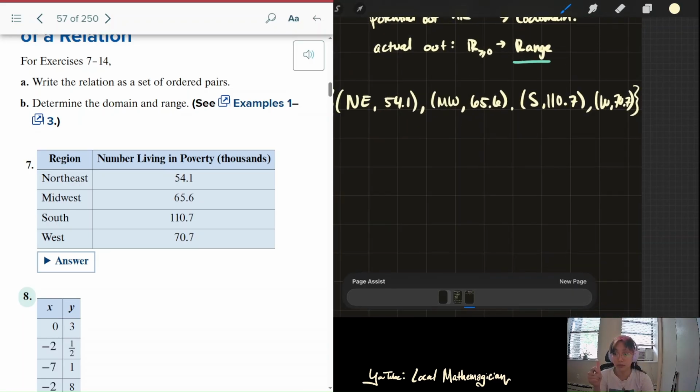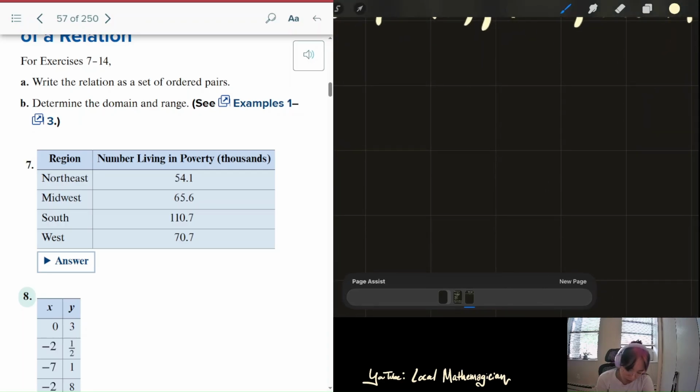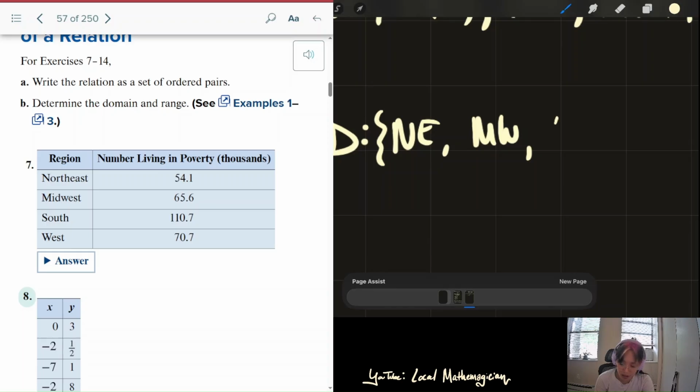Okay? For part B, they want you to talk about the range and domain. Let's go back to the definition. What is a domain? It's all the possible inputs. So your domain is going to be Northeast, well, that's a set, Midwest, South, and West.